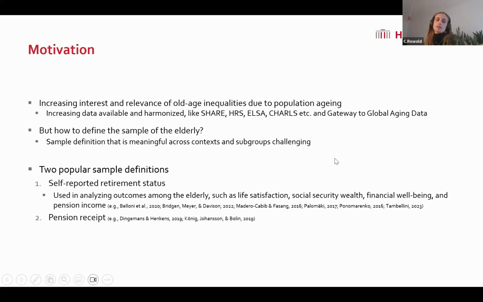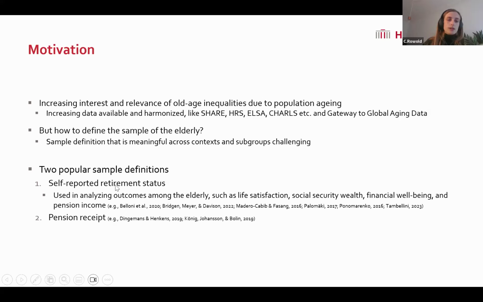There are two popular sample definitions that have been applied in research. The first one is that studies include those individuals who self-identify with being retired. This is based on the employment status that is basically surveyed similarly across all these different surveys, and then this has been used for studies on life satisfaction, wealth, financial well-being, pension income, and so on among the elderly.